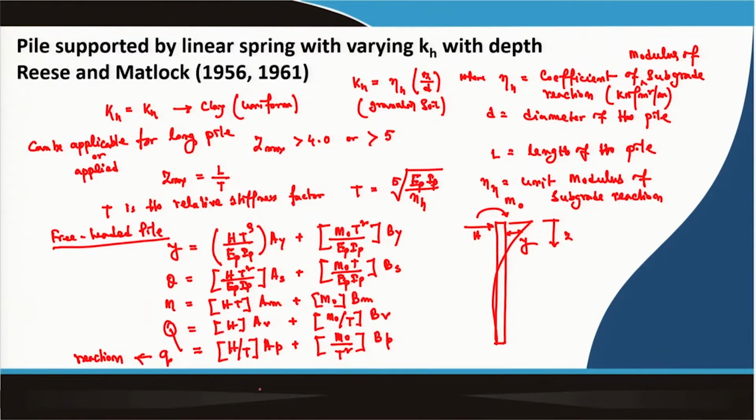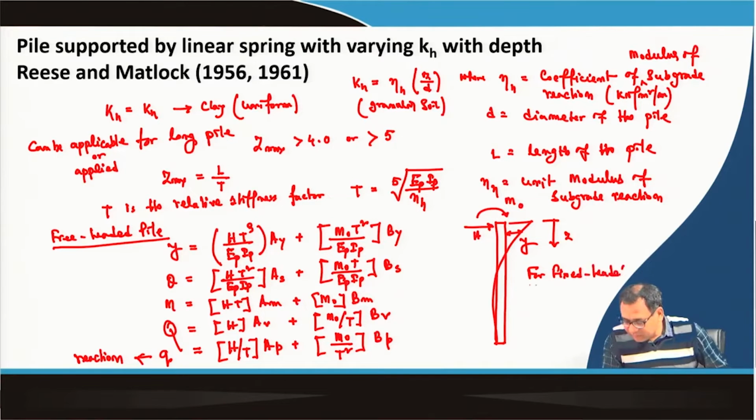So what will happen if it is a fixed headed pile? For the fixed headed pile, again a moment will be developed due to the fixity, and that moment is equal to M0, and it is given as minus 0.93 H t.